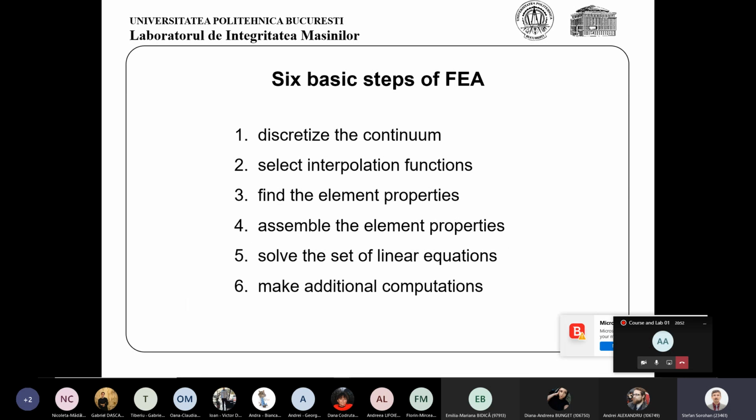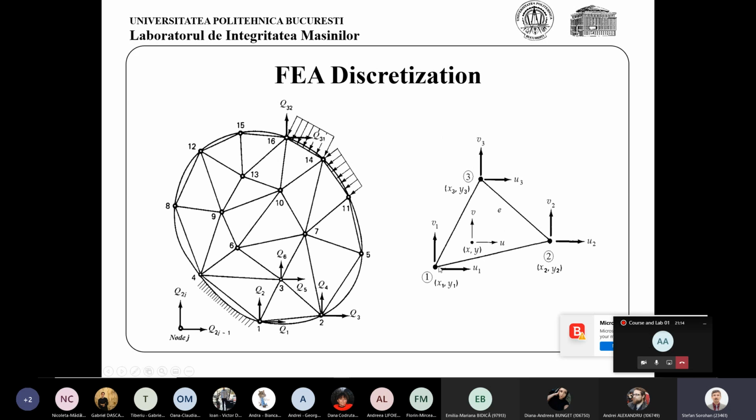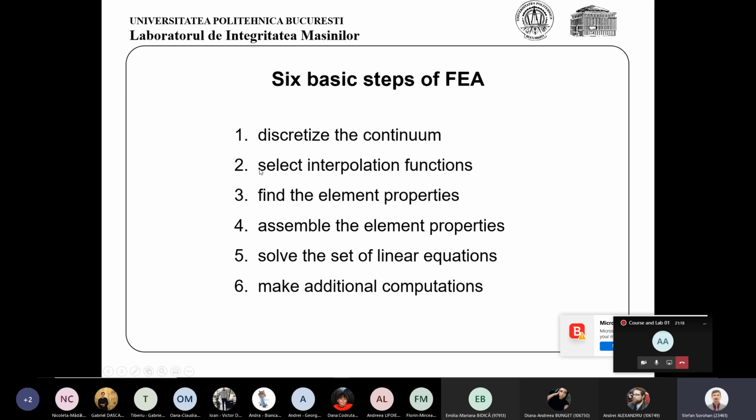So generally, according to what I told before, we have 6 basic steps for finite element analysis. The first one is to take the body and to make a mesh, or to discretize the continuum. Then inside of a particular element, we must select some interpolation function.